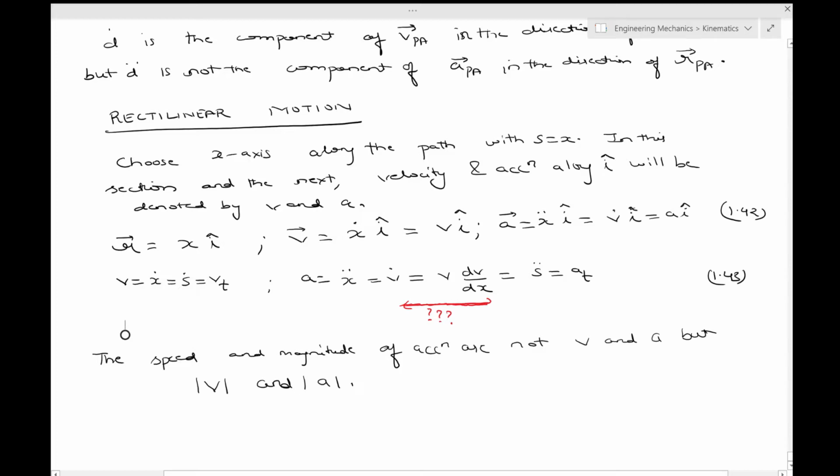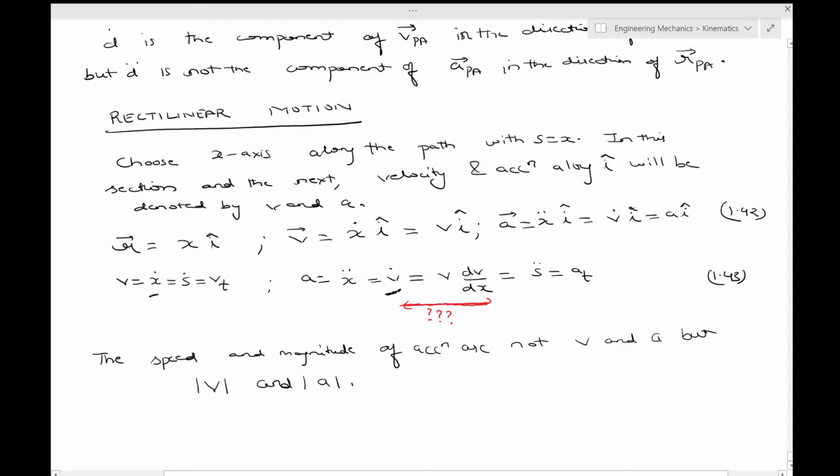Because a and v can have a sign over here, right? That sign can come because of this time derivative. So a can be negative if the time rate change of velocity is negative. Similarly, v can be negative if the time rate change of position is negative. So that's why the speed and magnitude of the acceleration are not v and a over here.